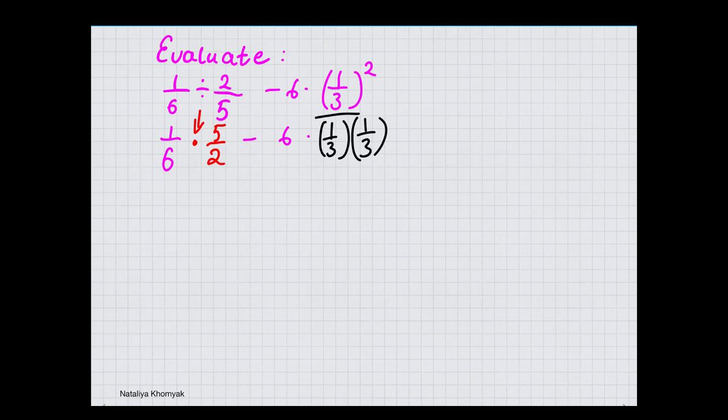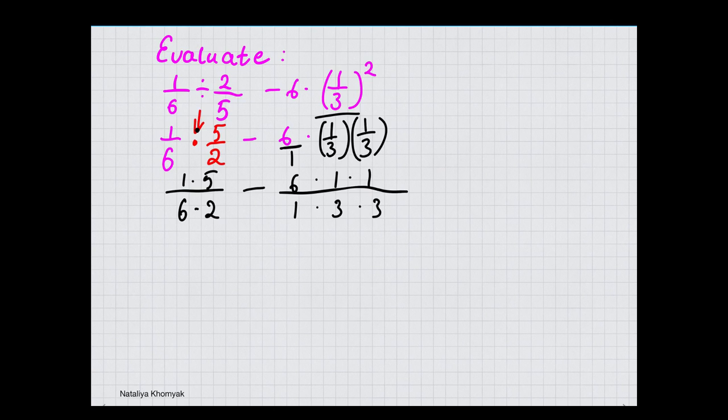and subtract. In order to multiply fractions, we multiply numerators together. We get 1 times 5 out of 6 times 2, minus 6 is out of 1, so we get 6 times 1 times 1 out of 1 times 3 times 3.